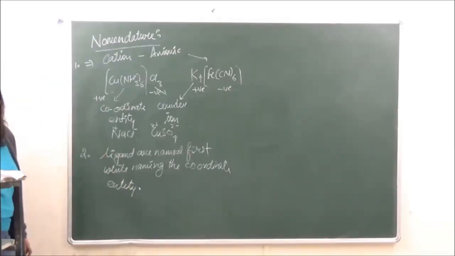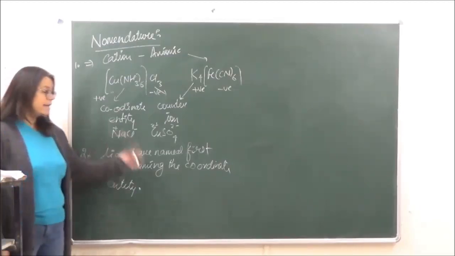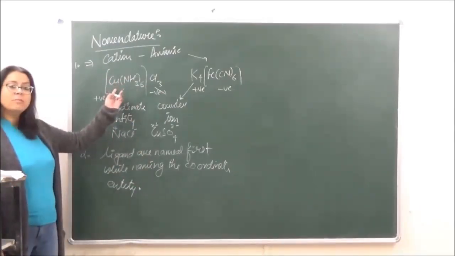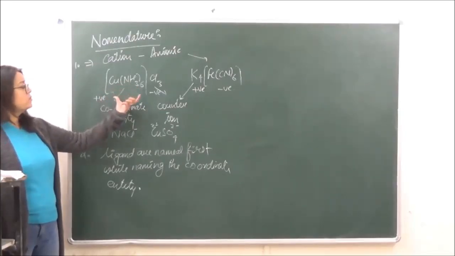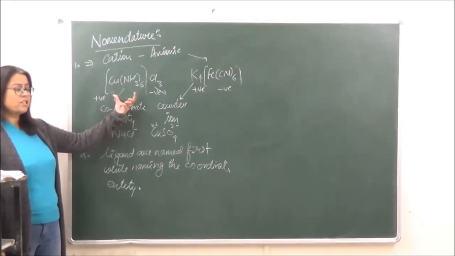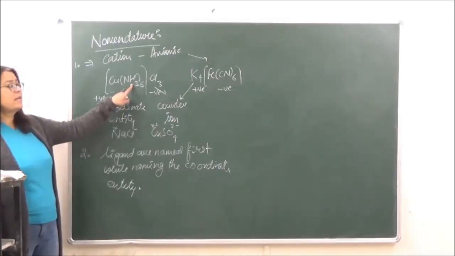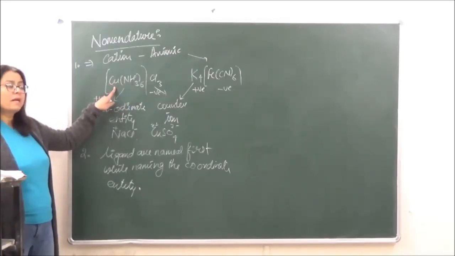So first of all we are going to name the ligand and then the central metal ion. If this is the coordinate entity over here, we are only doing the naming of the coordinate entity first. So you will first name the ligands and then the central metal ion.